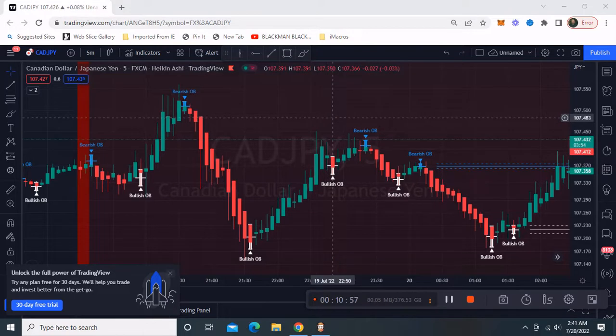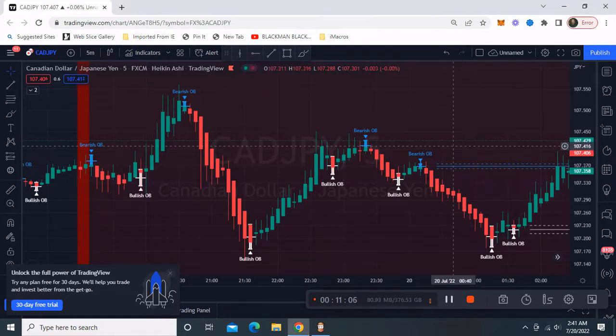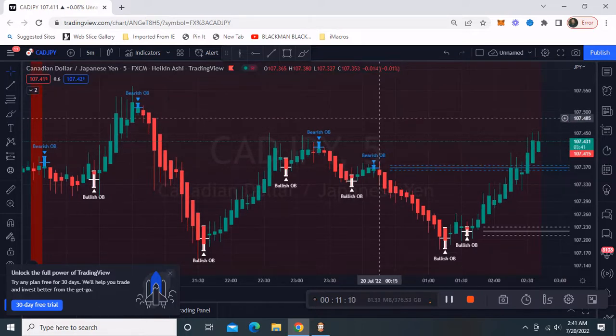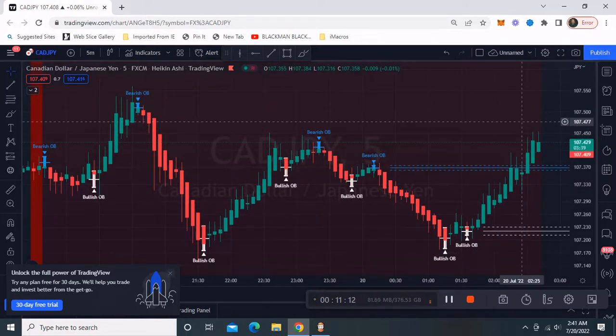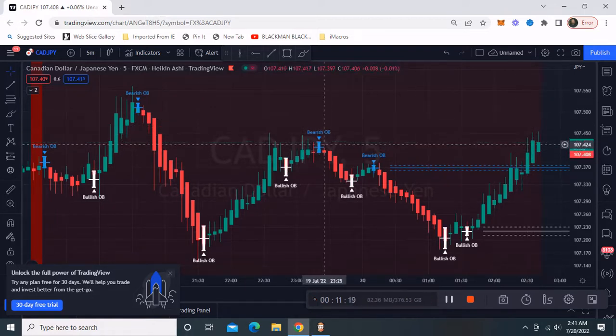As you can see, it got close here, and then it went back down. But then, as we go further over to these candles, you can see it's setting up to do a double top.